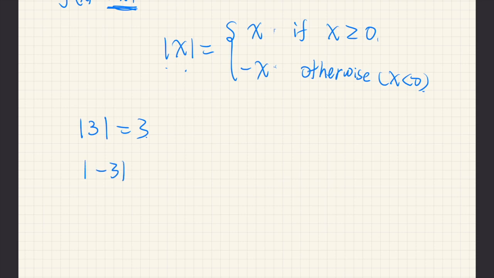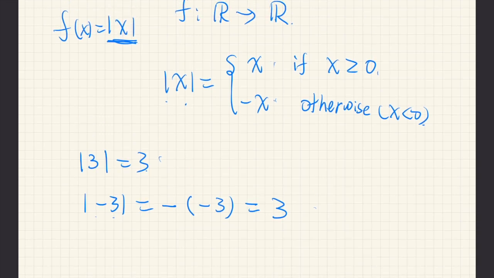And negative 3, this negative 3 is of course negative, so we put a negative sign and then take that number inside out. That becomes positive 3. Either case is positive. Of course, the absolute value should be positive or 0. So that's how we define absolute value.